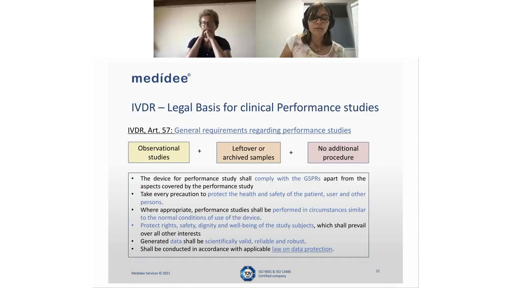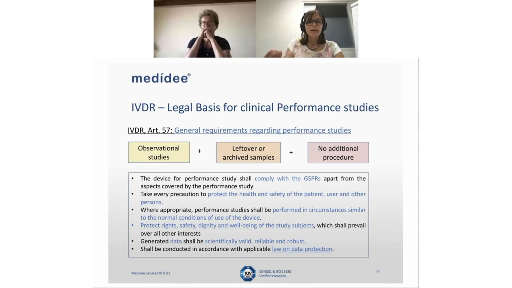So here we're going to talk a bit about the legal requirements coming from the IVDR, which is also something quite new with regard to the directive, where the regulation clearly states what the basic requirements are for the conduct of clinical performance studies. Here I've tried to separate it a bit, because for IVD medical devices it will clearly depend on the type of study and on what you will perform within this clinical performance study.